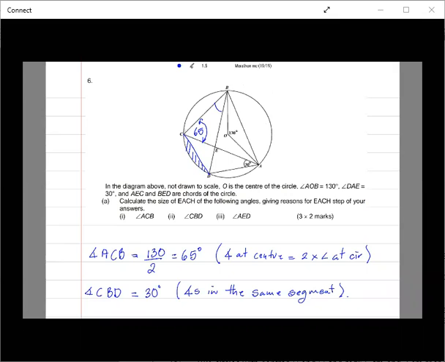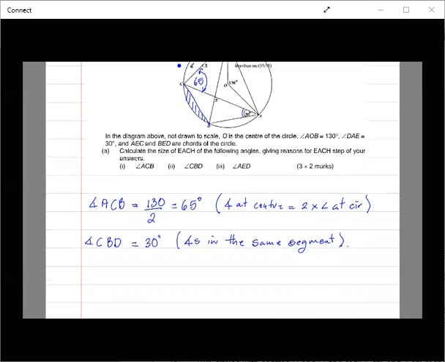You have angle CBD and angle CAD. Both start at one end of the chord, go up to the circumference, and then come back down to the other end of the chord. The two angles are equal. So if this angle here is 30 degrees, this angle here is also 30 degrees. Angle CBD is equal to 30 degrees. They're angles in the same segment.